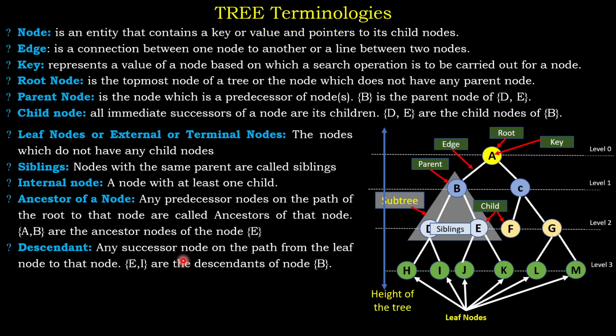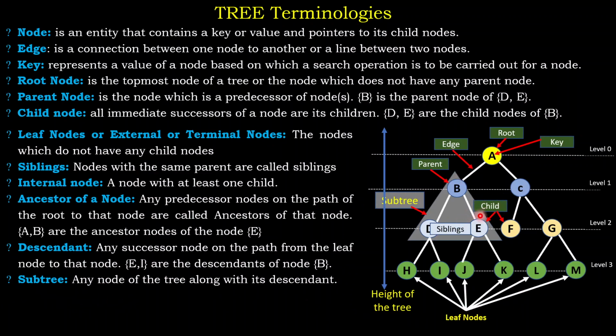We can find them from the node down to the leaf. Suppose here E and I are the descendants of B, up to the leaf.